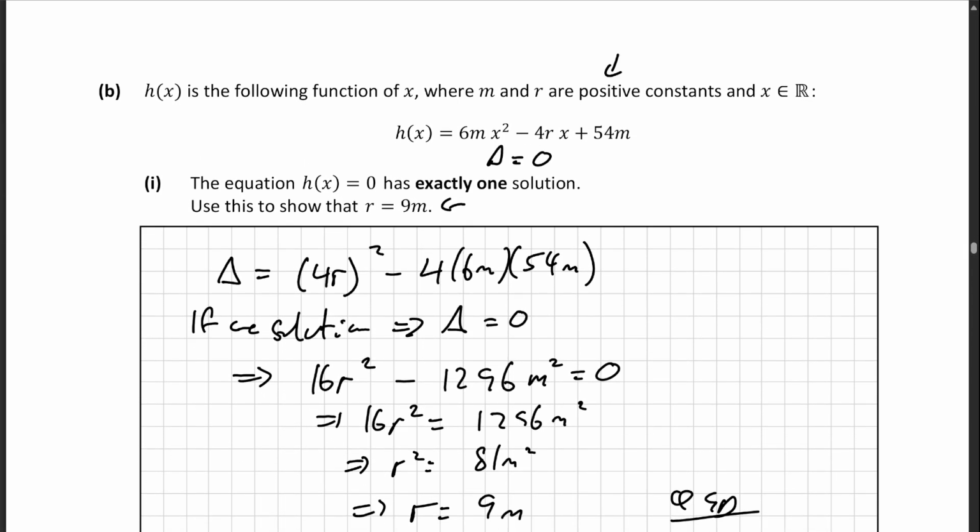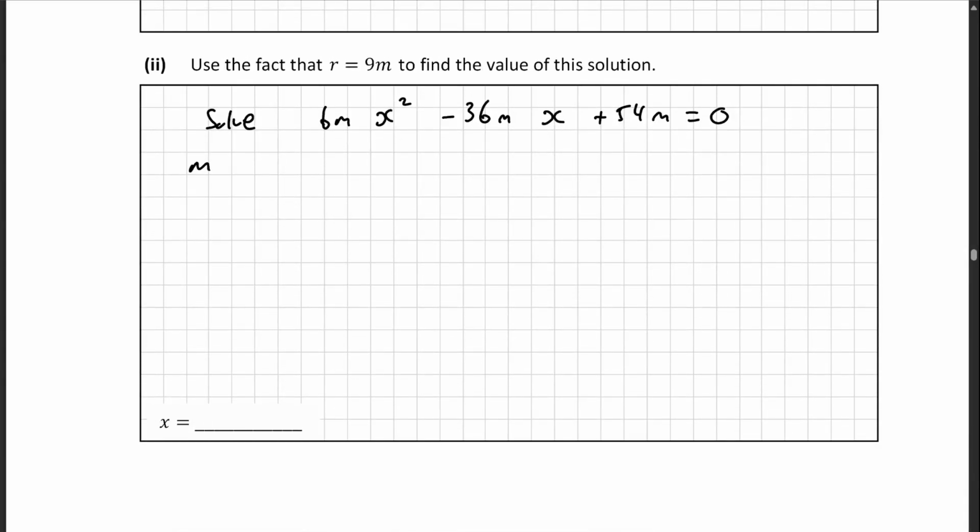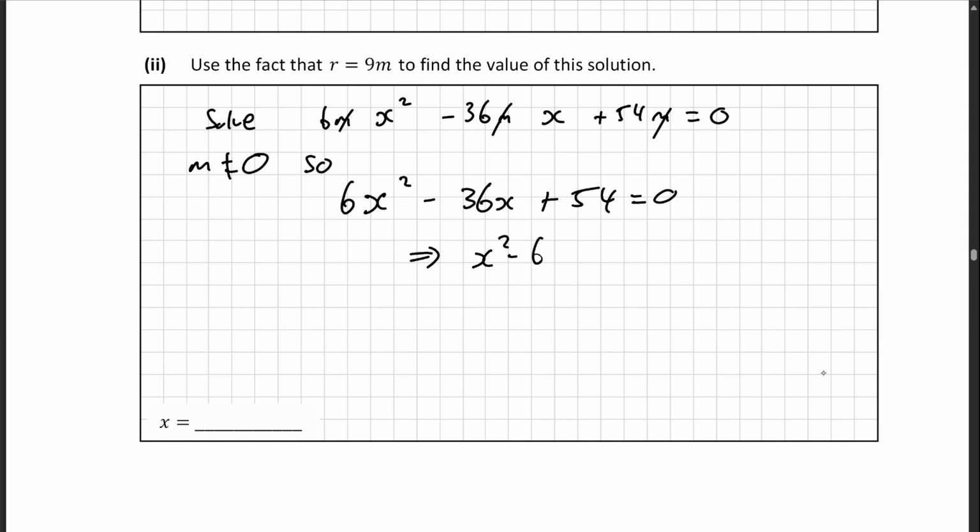Yeah, they are positive constants, so m is non-zero. So we're free to divide through by this m, and we're now just solving 6x squared take away 36x plus 54 equals 0. We can divide through everything by 6, and we'll just get x squared take away 6x plus 9. Okay, right. So that's x minus 3 squared equals 0. So x is 3. Okay, perfect.